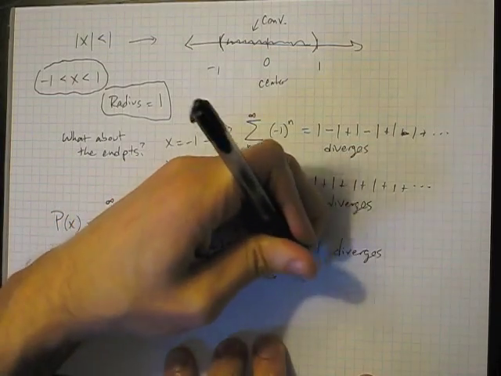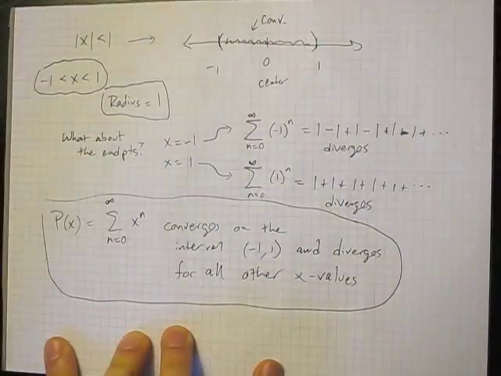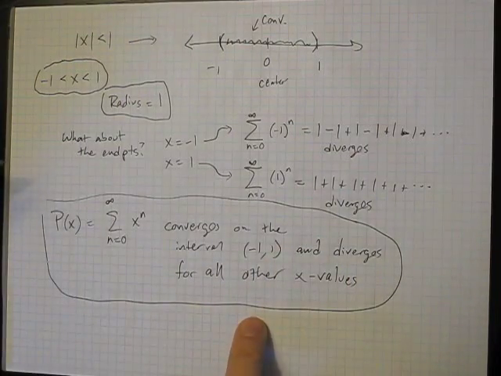So for all other x values. Okay. So this is your answer. There's your interval. The radius is 1. This is your answer.